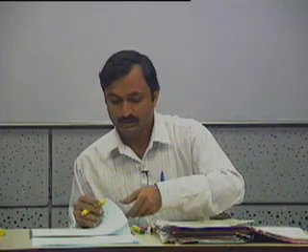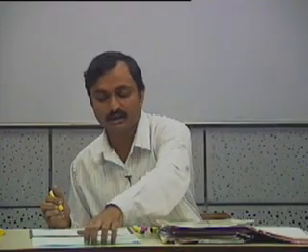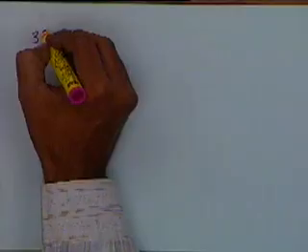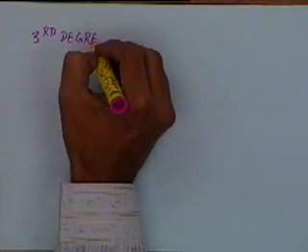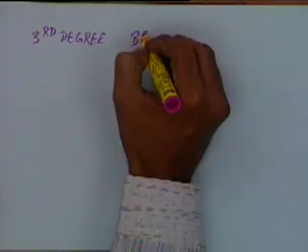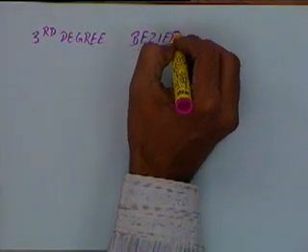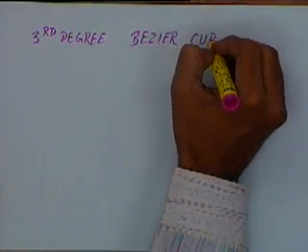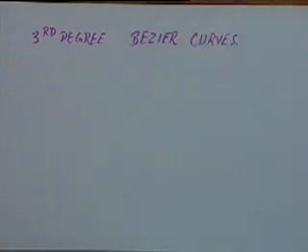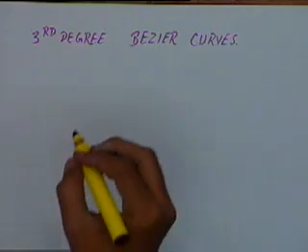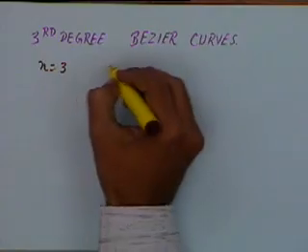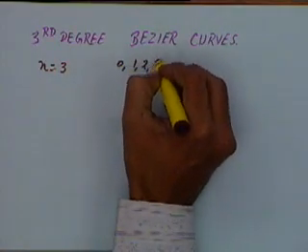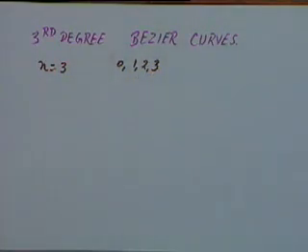So let's take a simple case for third degree curves. If you consider third degree Bezier curves, n is equal to 3, and the total number of points is 4: P0, P1, P2 and P3.